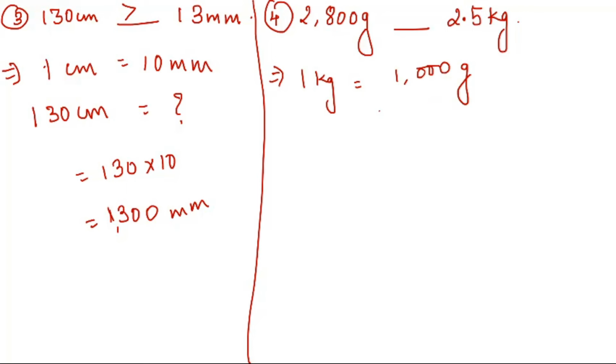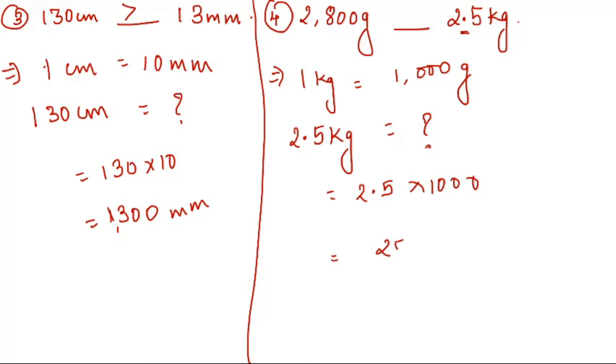So again 2.5 multiplied by 1000, you get 2500. Okay, so which one is greater, 2500 or 2800? 2800 is greater than 2500. So you have to solve each and every sum like this.